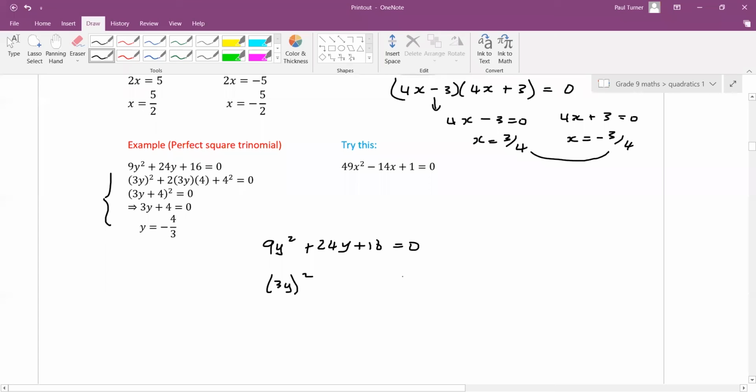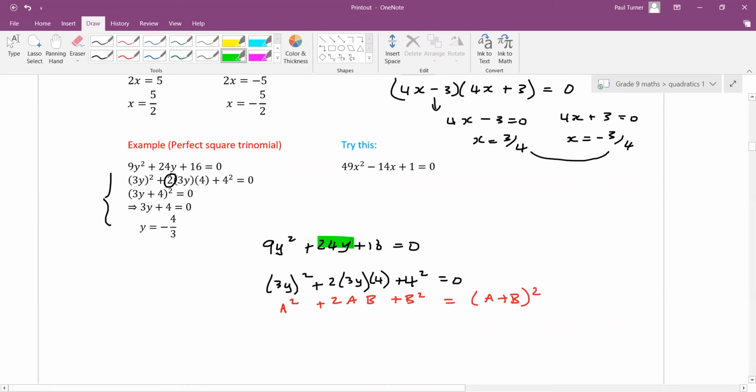And remember the 16, we made that 4 squared. And then in the middle, we have plus 2, which is from our formula, ab. So that basically follows our formula. So a squared plus 2ab plus b squared. If it's in this formula, that is a plus b all squared, like that.